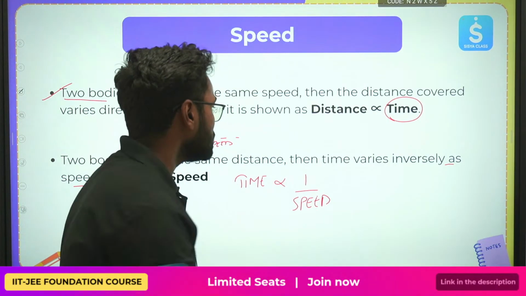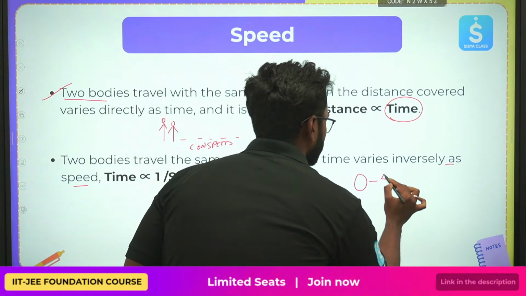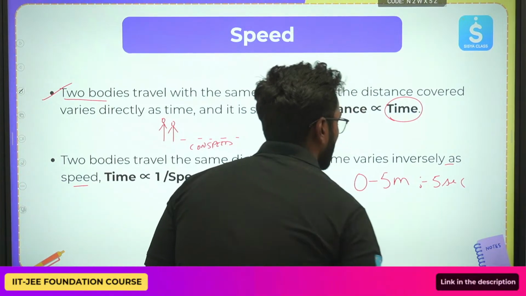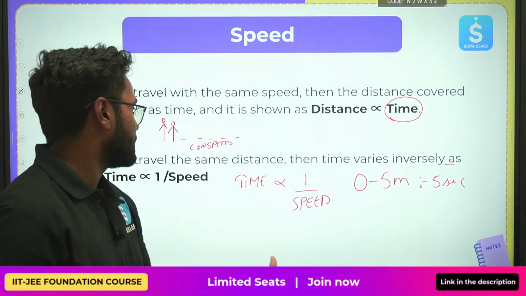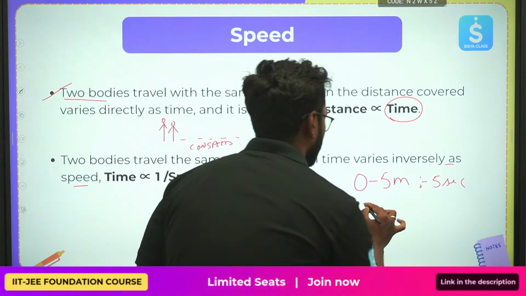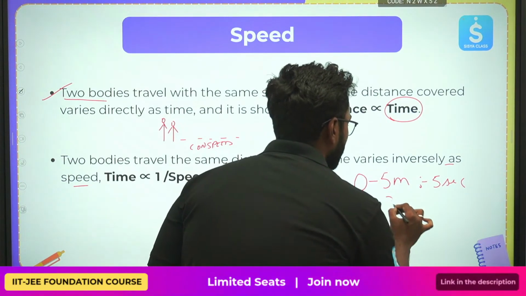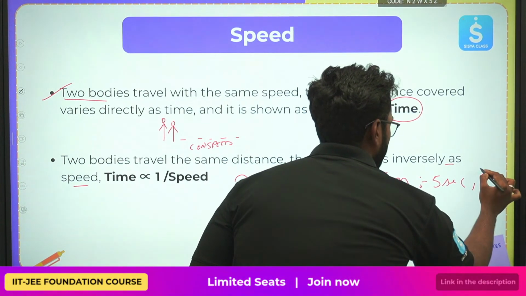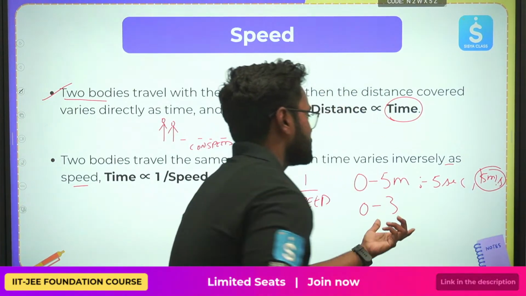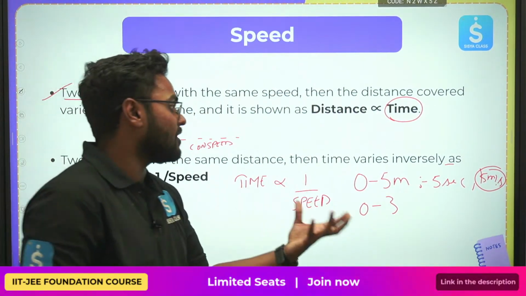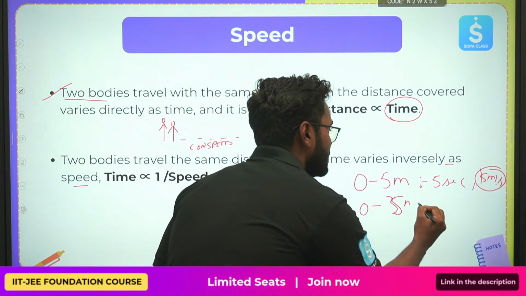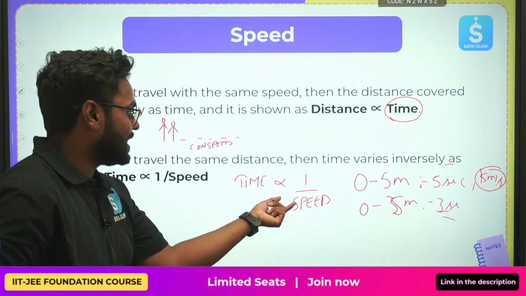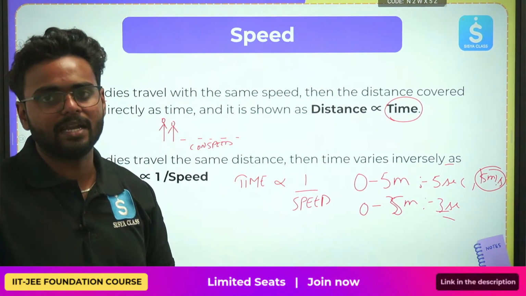Now you walk 5 meters in 5 seconds. If I increase my speed and cover the distance in less time, say 3 seconds, then you can say that when time is increased, the speed is reduced.